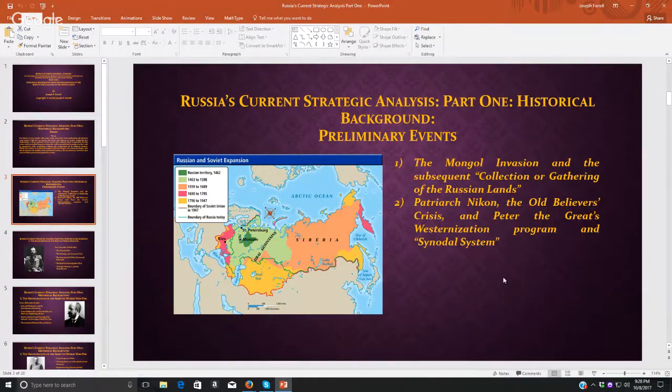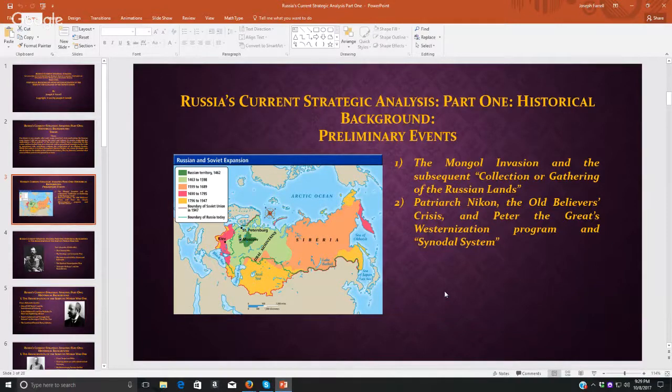Because again, what he does, and his ministers, his boyars, his nobility, they take the calculation that the church, especially under a powerful patriarch of Moscow like Nikon, was too powerful in relationship to the Russian state, in relationship to the autocracy.